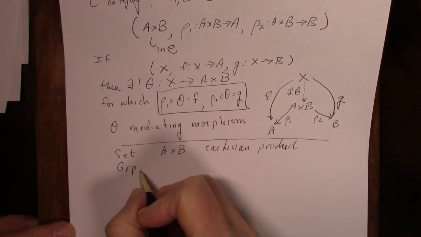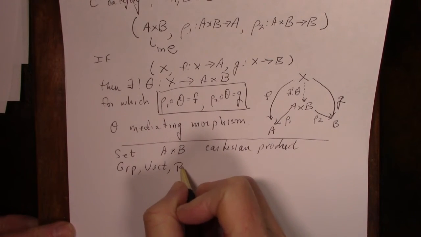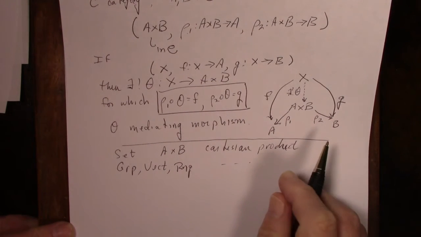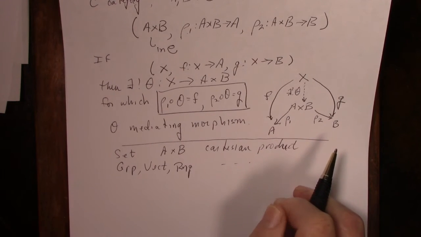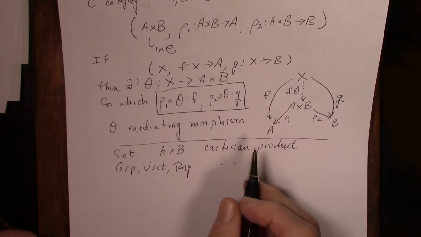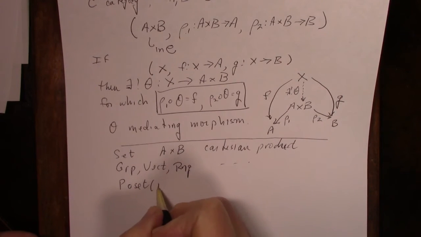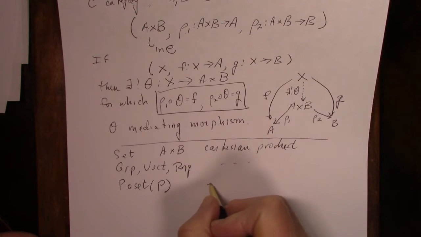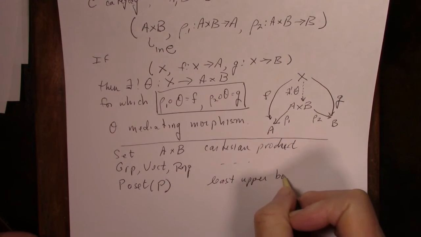For group, vector space, as we have seen, and ring, for example, module, the categorical product is the common product that you would have seen in an abstract algebra class. Poset is kind of an interesting one. Here the categorical product is the least upper bound of two elements.